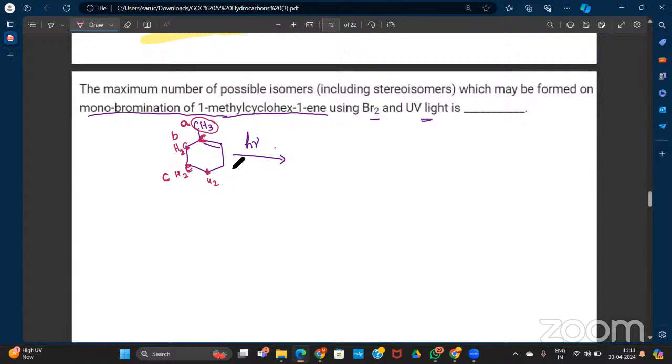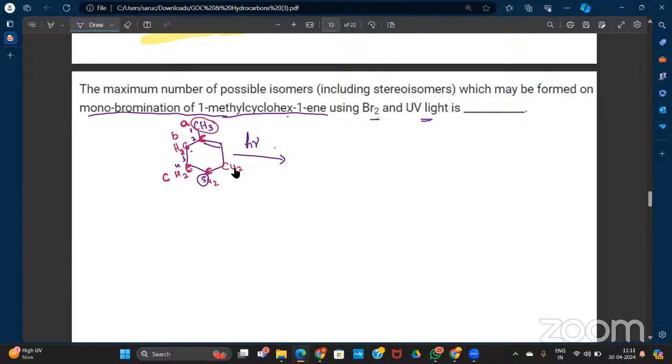So I mark it like 1, 2, 3, 4, 5: this is the first carbon, second, 3, 4, 5. Now we check whether the environment is the same or different.